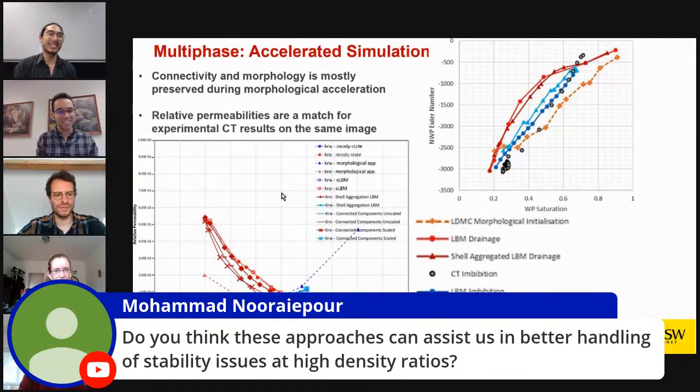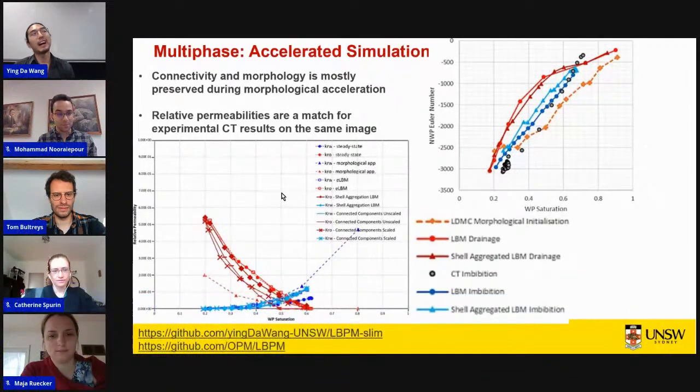Numerical stability issues at high density ratios, you would have to be very careful with that, because sometimes you run a simulation and it fails halfway. That's because suddenly there was a fast flow channel or something like that.